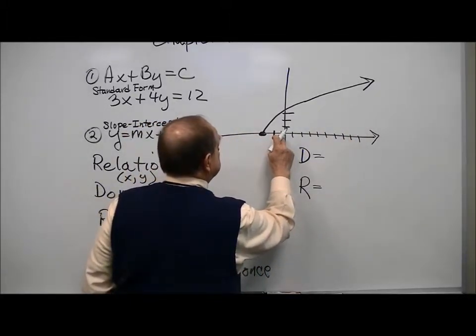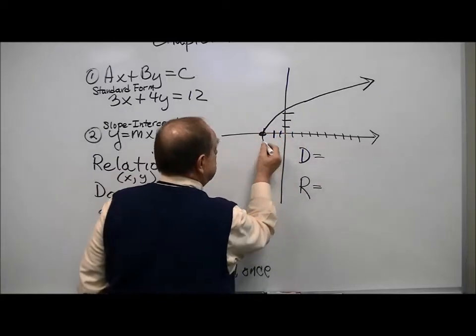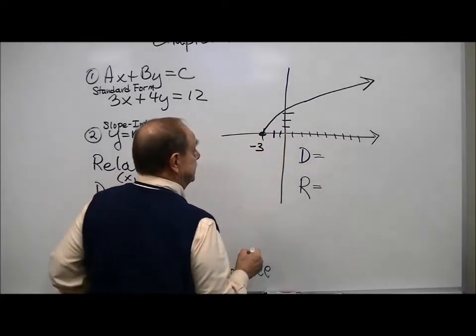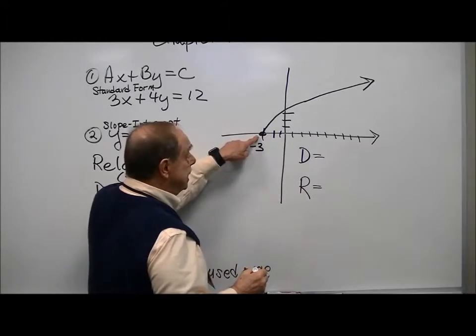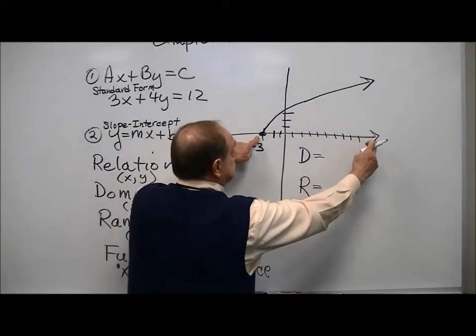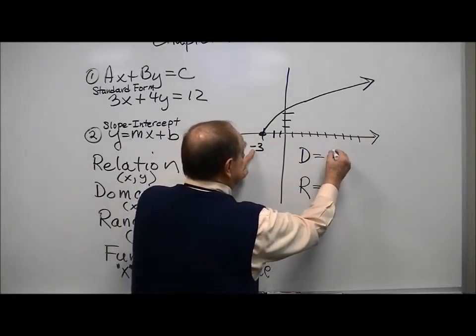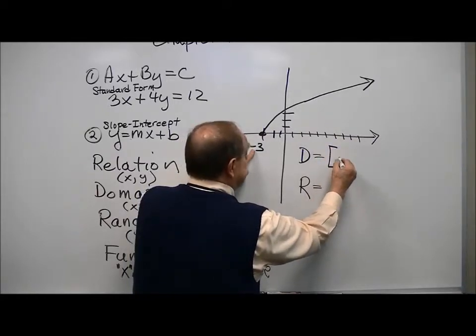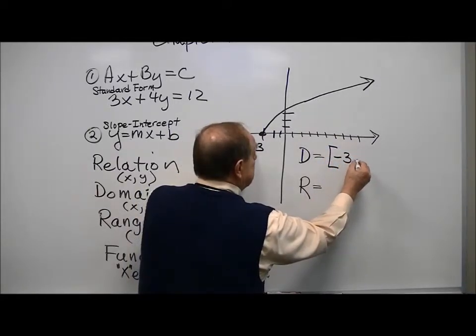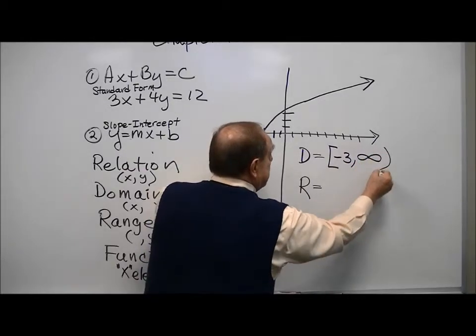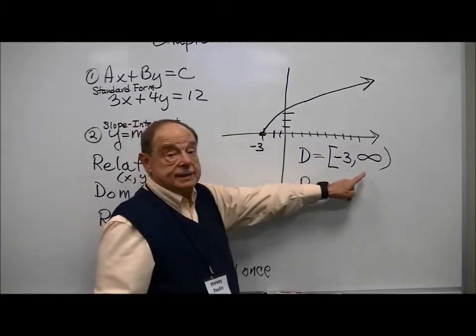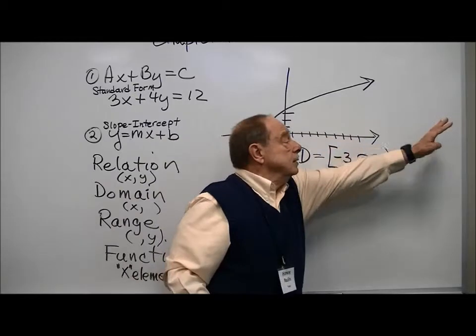So I guess I put too many points. That'll be okay. So this is going to be -3. That's where our domain, our x values start. So this will be a bracket, -3, comma, and it's going up to positive infinity, way out there.